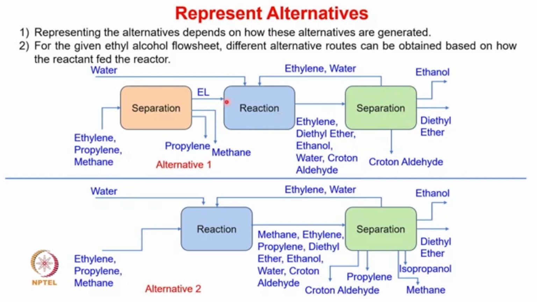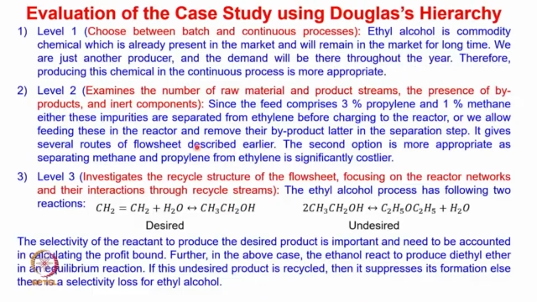So clearly this particular alternative is not viable, but another alternative where the ethylene, propylene and methane mixture is charged to the reactor, and then propylene and methane are separated. Also the byproduct like isopropanol is separated in the subsequent recovery unit. So clearly different options we can check in level 2, and based on that the best option we can select.